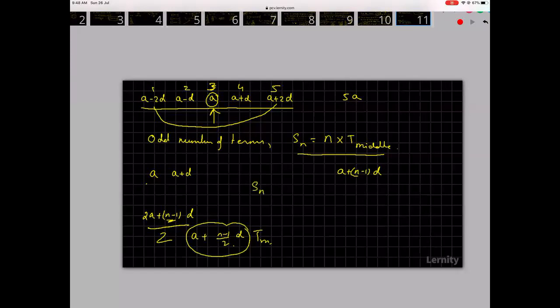So Sn is equal to N into (A1 plus An) by 2. Now this A1 plus An by 2 will become A middle. So Sn is equal to A middle into N. So N into T middle will give you the answer.